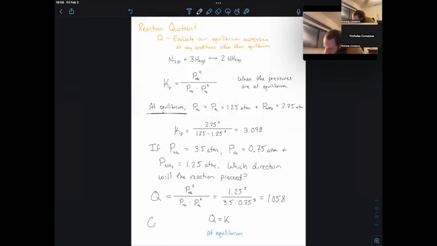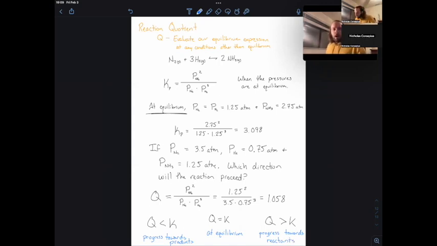But if Q is less than K, this reaction will move in the direction of the products, in the forward direction, so progress towards the products. And then if Q is greater than K, the reaction will proceed in the reverse direction. So it will progress towards our reactants.